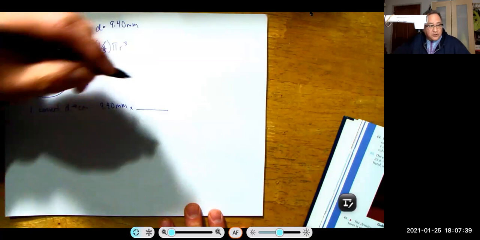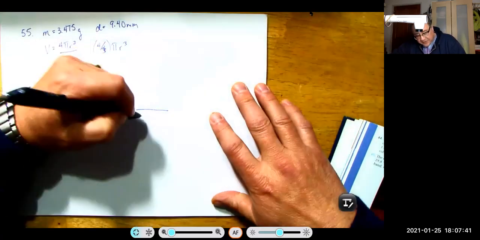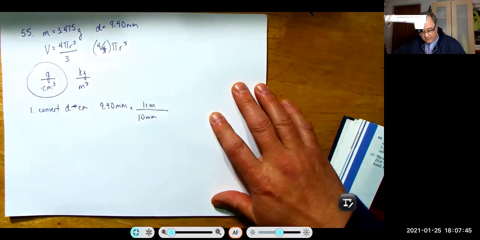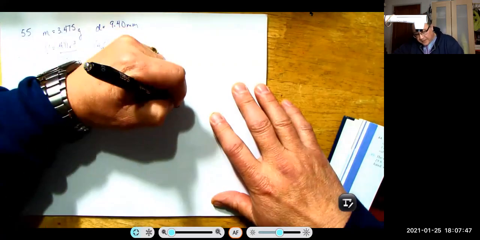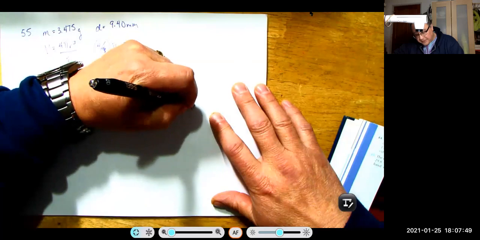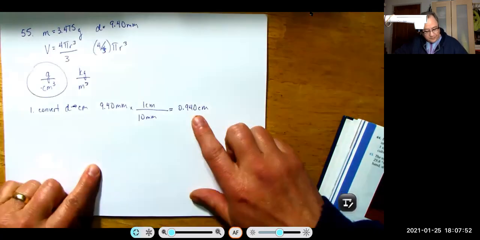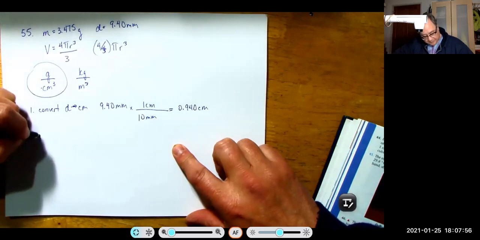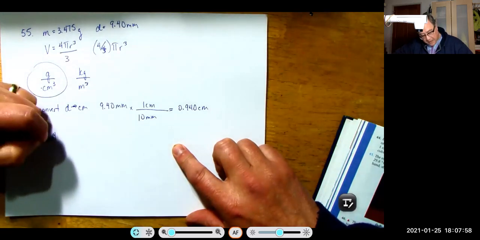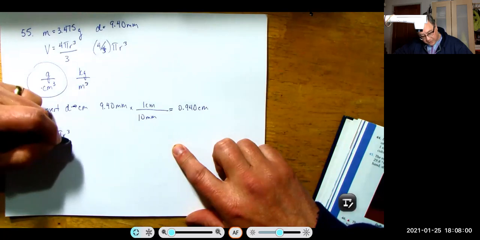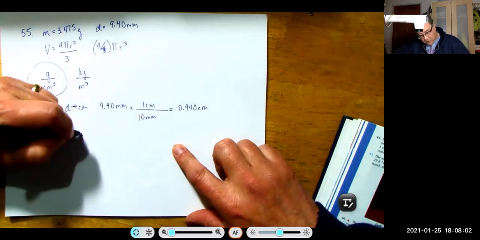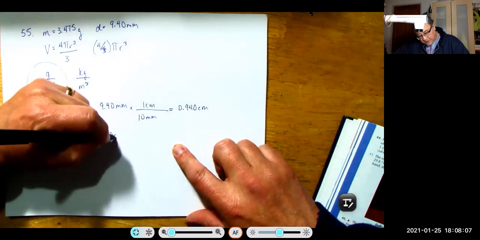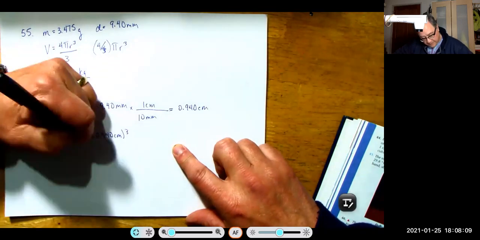And this is something you all should have an idea of, that there's 10 millimeters in 1 centimeter. So this ends up being 0.940 centimeters. And then we have the volume, which is 4 pi r cubed over 3, is 4 pi 0.940 centimeters cubed over 3.